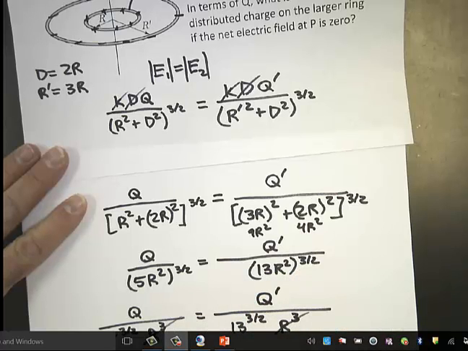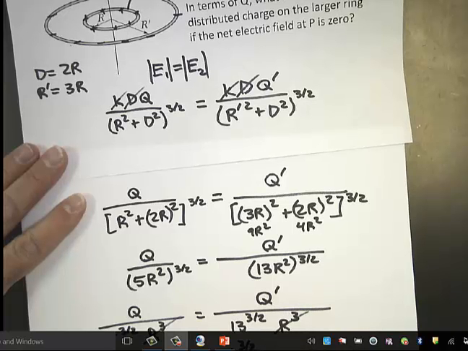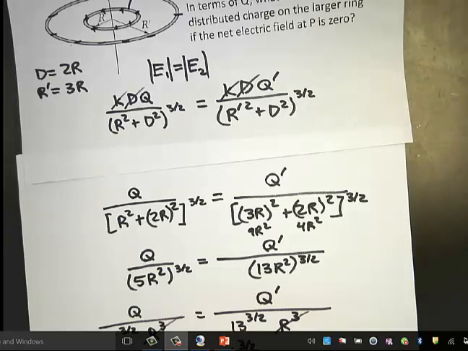Oh, look, we can lose the R cubes. So the magnitude of Q prime is equal to (13/5) to the 3/2 power times Q. Of course, we also know that it's a negative charge.